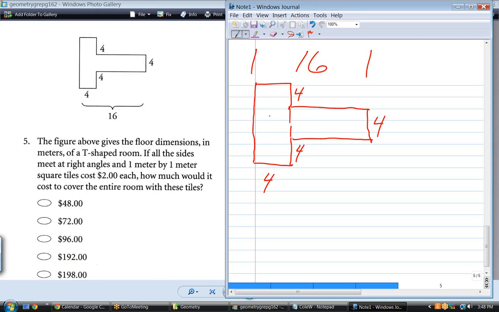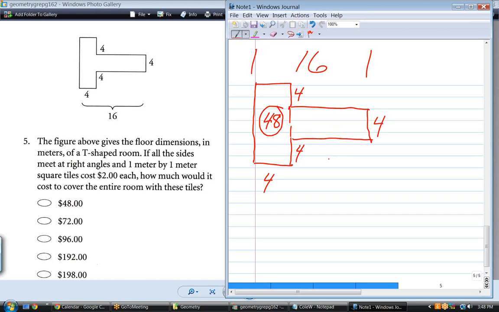What's the area of this rectangle right here? What's its height? 12. So what's its area? 48. So that's 48. What are the dimensions of this thing here?